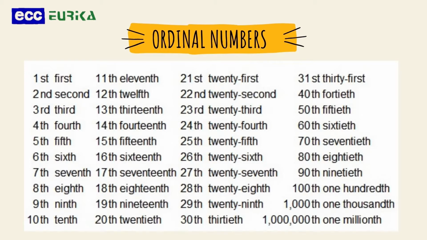And after 20th, when it comes to 21, 22, and 23, it changes to the beginning of ordinal numbers, such as 21st, 22nd, 23rd, and then you use 24th, 25th, 26th, 27th, 28th, 29th, and 30th.